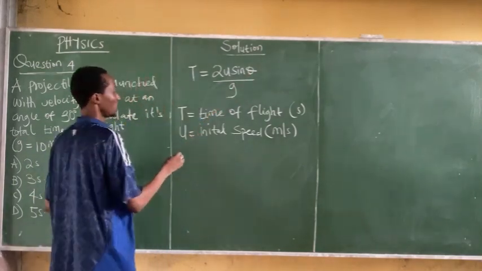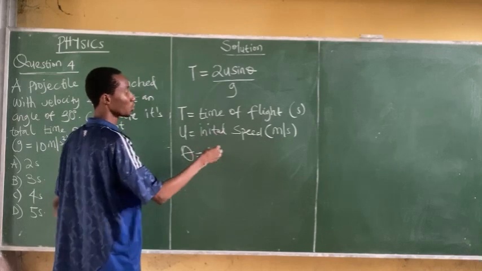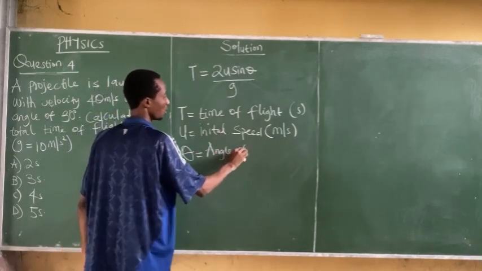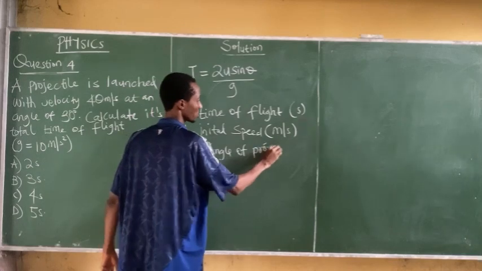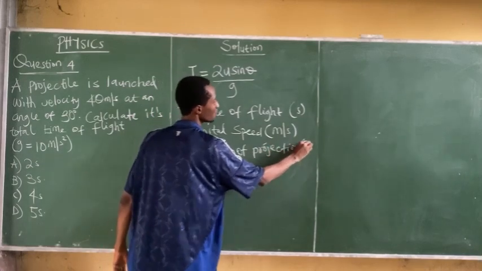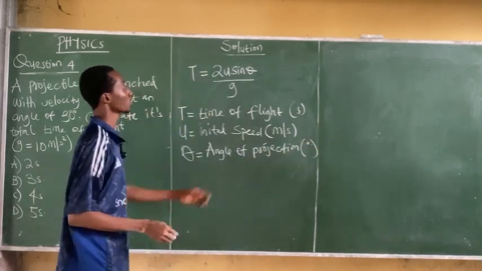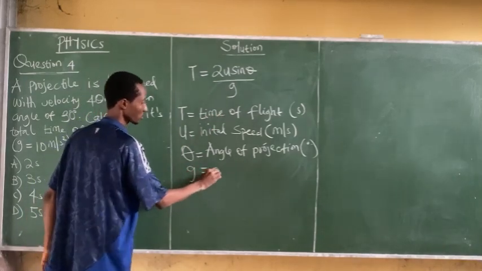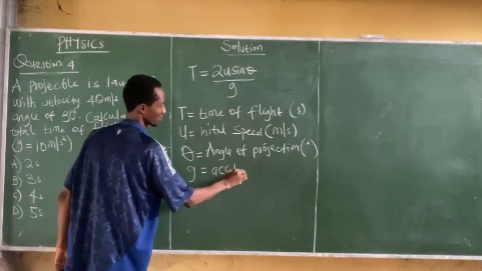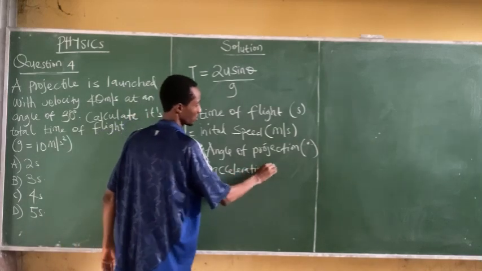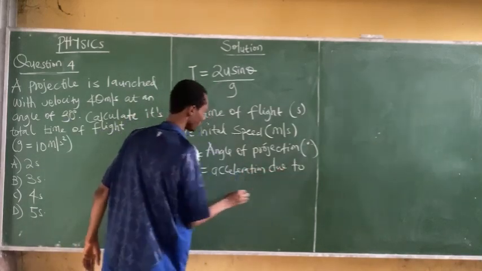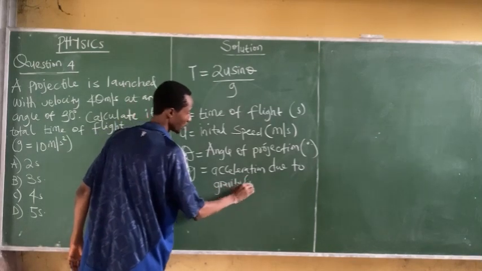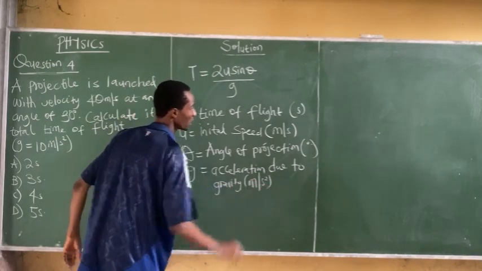Theta here stands for the angle of projection, and it is in degrees. G here is acceleration due to gravity in meters per second squared.